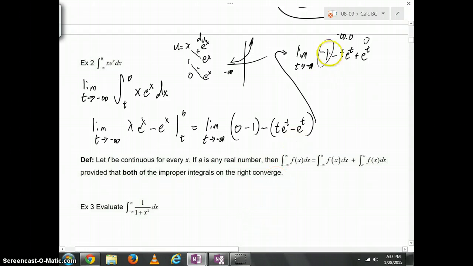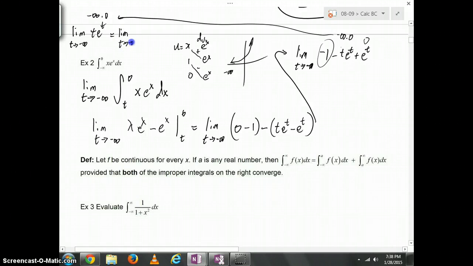And I'm going to do some side work right over here. You might remember we used L'Hopital's rule to help us in such problems. If I have just t e to the t, and we have negative infinity times 0, the big question is, could we somehow arrive at a nice, simpler form?